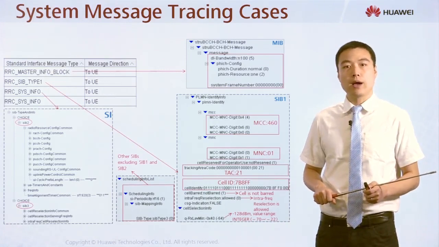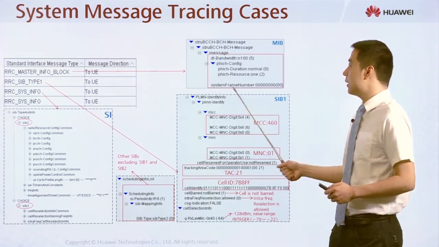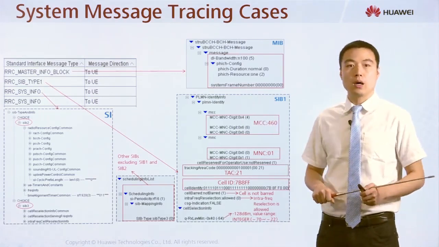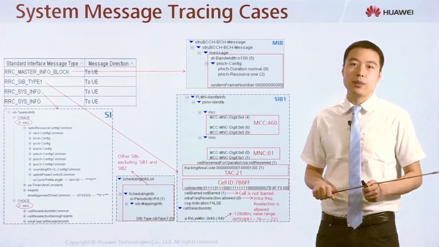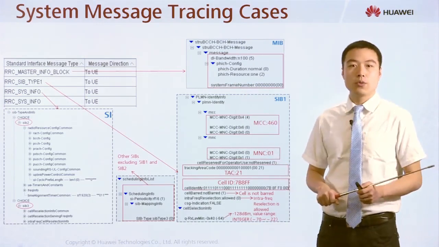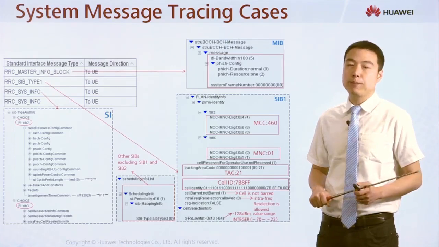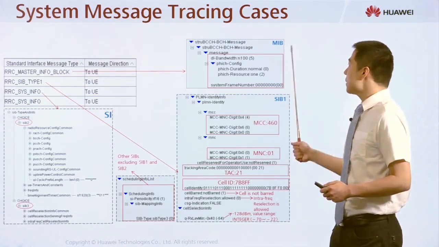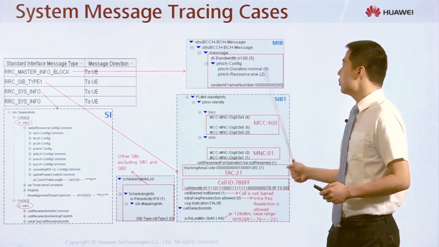Frames are used for synchronization, just like the clock, with hours and minutes. So this number we call the system frame number, SFN. The MIB message tells this information to the UE.